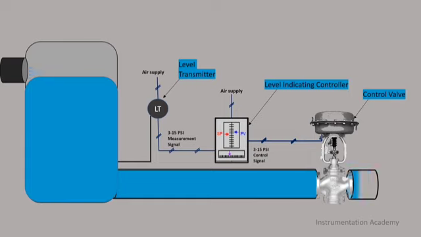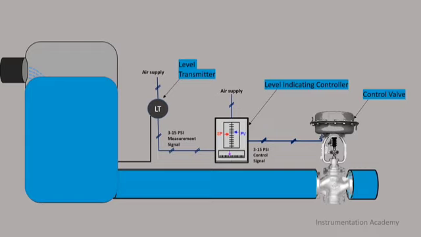Like the transmitter, the controller in this system is also pneumatic, that is, operating entirely on compressed air. This means the output of the controller is also a variable air pressure signal, just like the signal output by the level transmitter. Naturally, the controller also requires a constant supply of clean compressed air through the air supply tube.